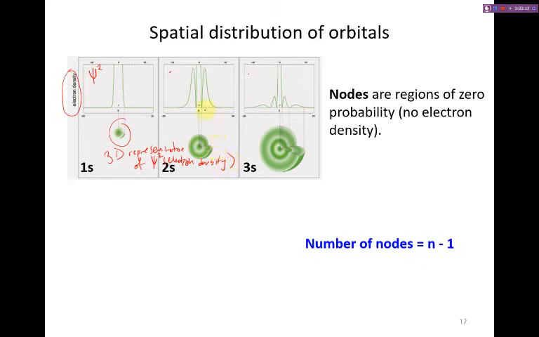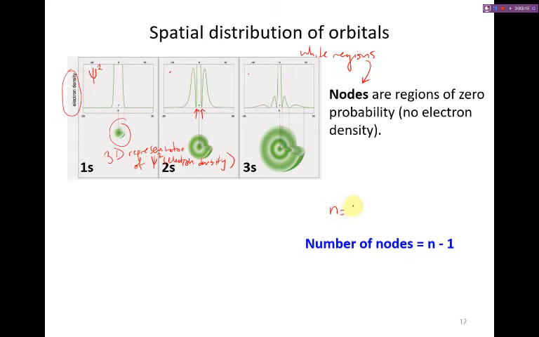And what we can see is that we talked about nodes earlier, regions where there's no electron density. In these pictures, that corresponds to the white regions. The white regions are the nodes, and that's where there can be no electron density at all. There's a mathematical rule that describes the number of nodes: the number of nodes is equal to n minus 1.